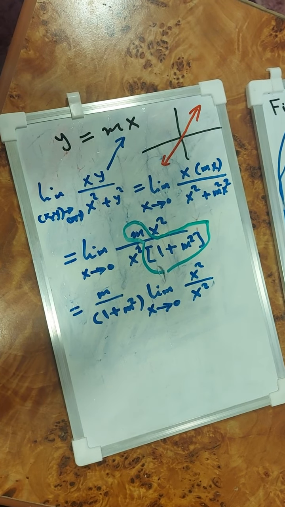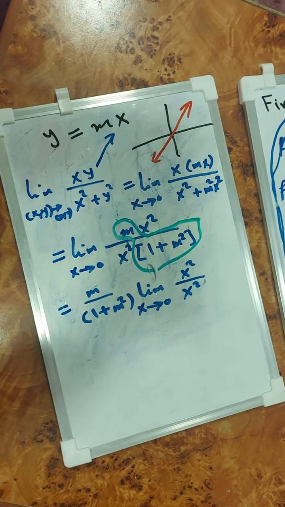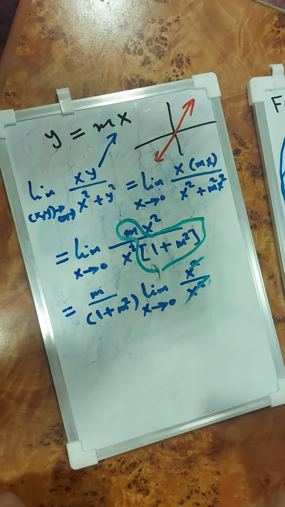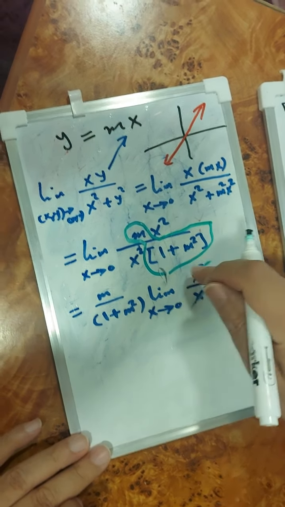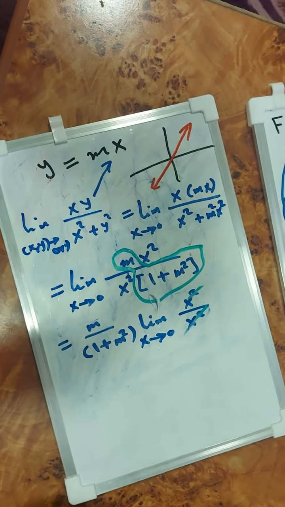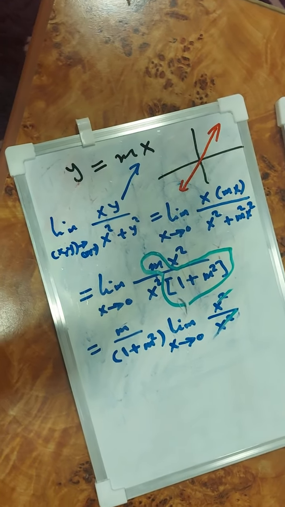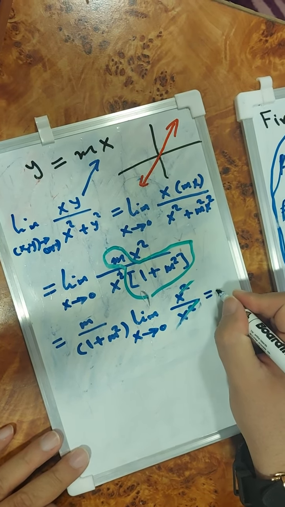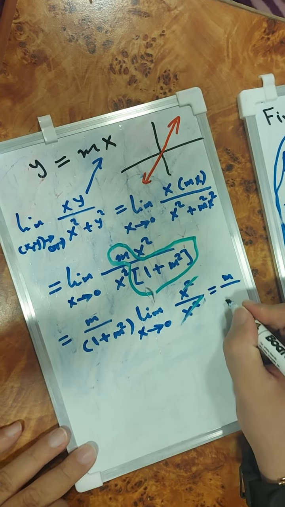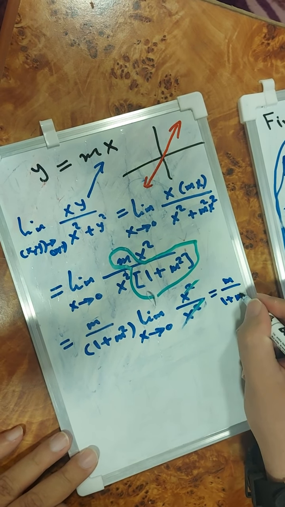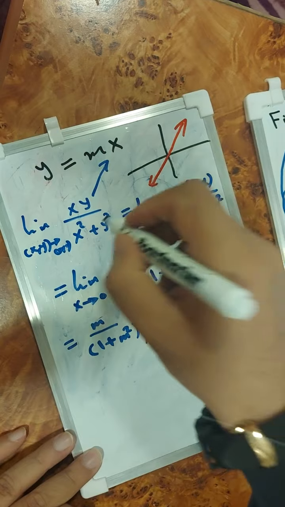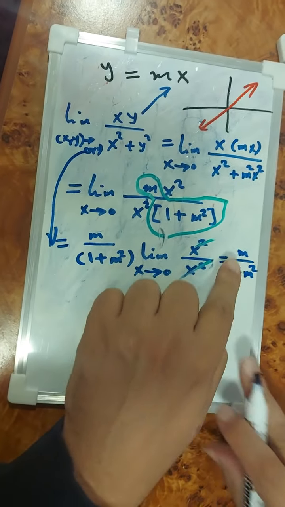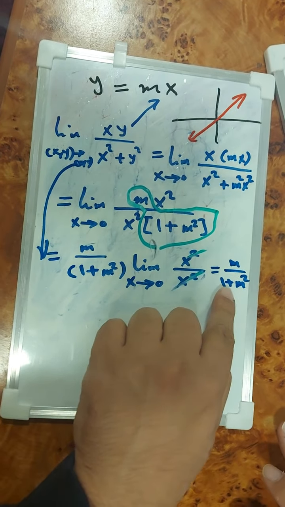It is clear that x squared can be cancelled with x squared, so this part equals 1, and the limit of 1 equals 1. So the total answer of the limit equals m over 1 plus m squared. Now this limit is reduced to this quantity, m over 1 plus m squared.